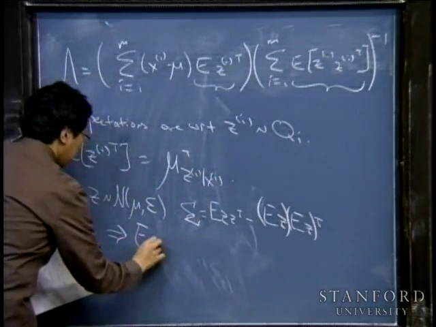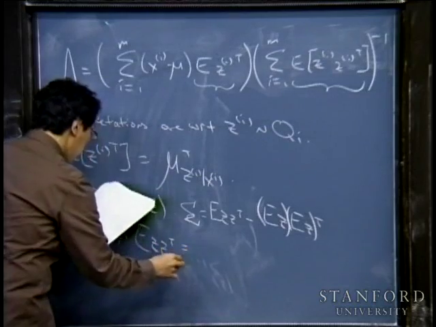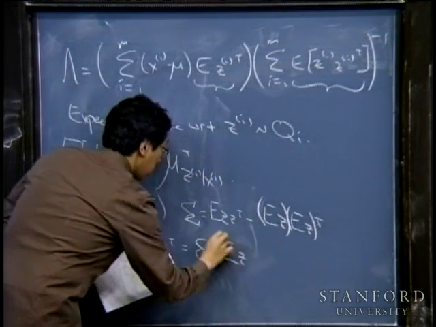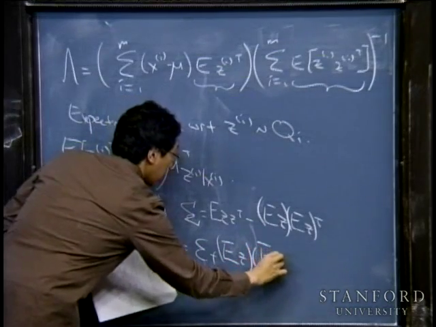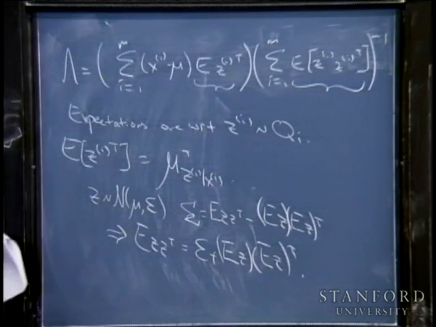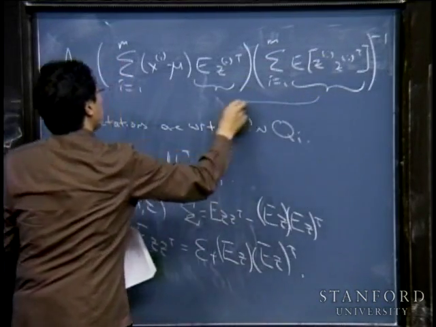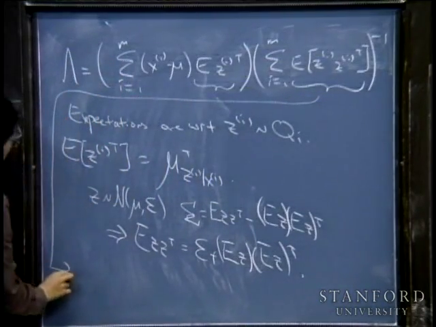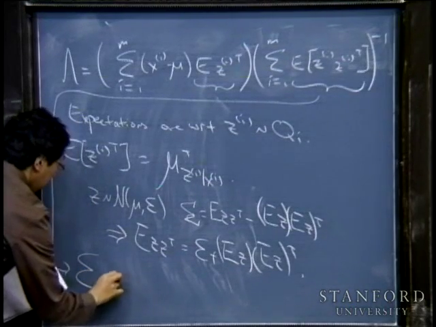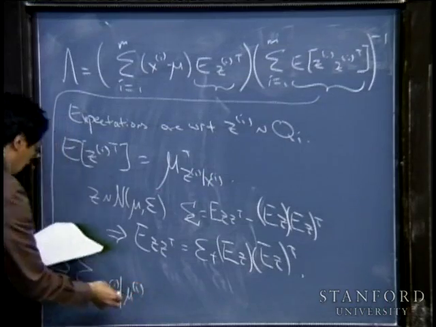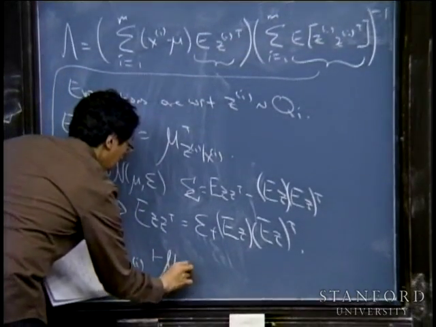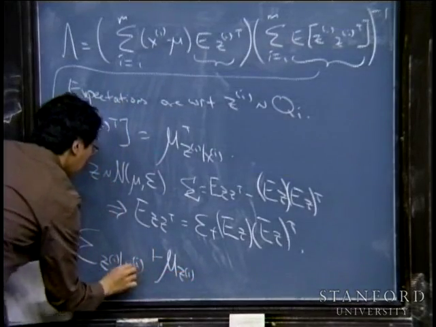And so this implies that E of z z transpose equals sigma plus E of z times E of z transpose. And so the second term here becomes sigma of zi given xi plus mu of zi given xi times mu of zi given xi transpose.